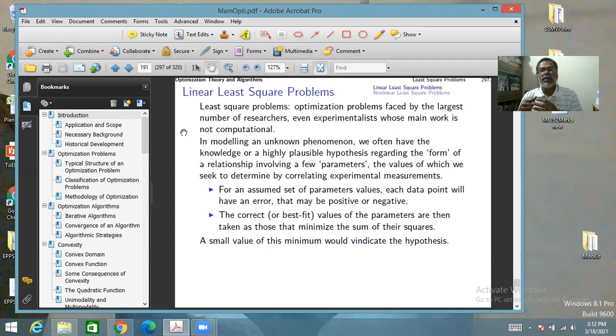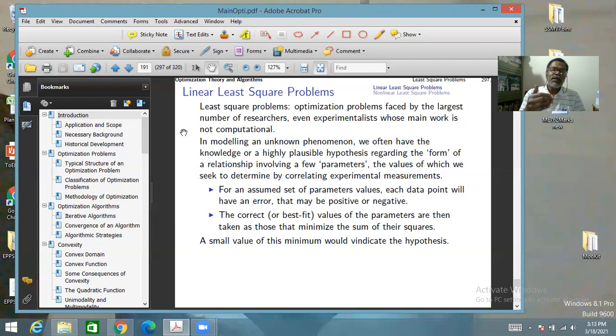Okay, and while modeling an unknown phenomenon, quite often it happens that after a lot of brain racking, you have developed an understanding of the form of the function in which there are some parameters which have to be fixed. And how to fix that? For that, you have to conduct experiments to get the real truth, from the horse's mouth.